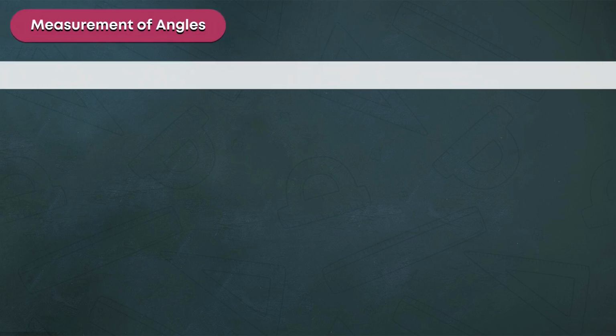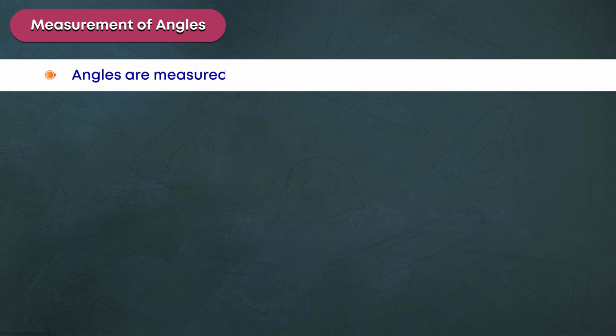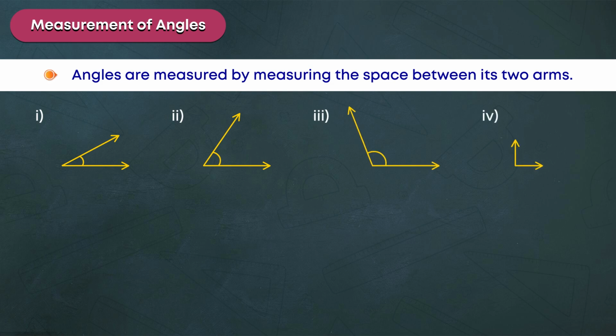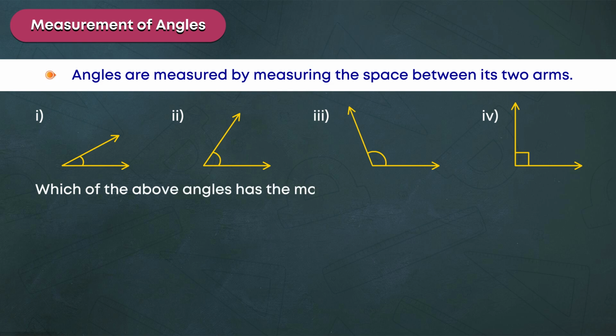Measurement of angles. Angles are measured by measuring the space between its two arms. 1, 2, 3, 4. Which of the above angles has the most space between its two arms?